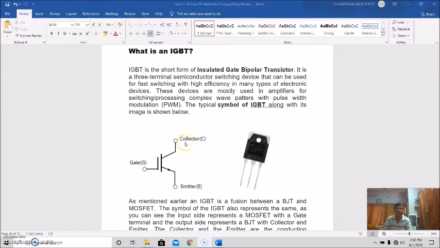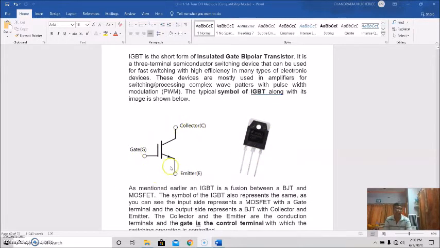Mostly these devices are used in amplifiers for switching and trigger, and for processing complex wave patterns with pulse width modulation, etc. The typical symbol of an IGBT is shown here, along with an image of a typical available IGBT.